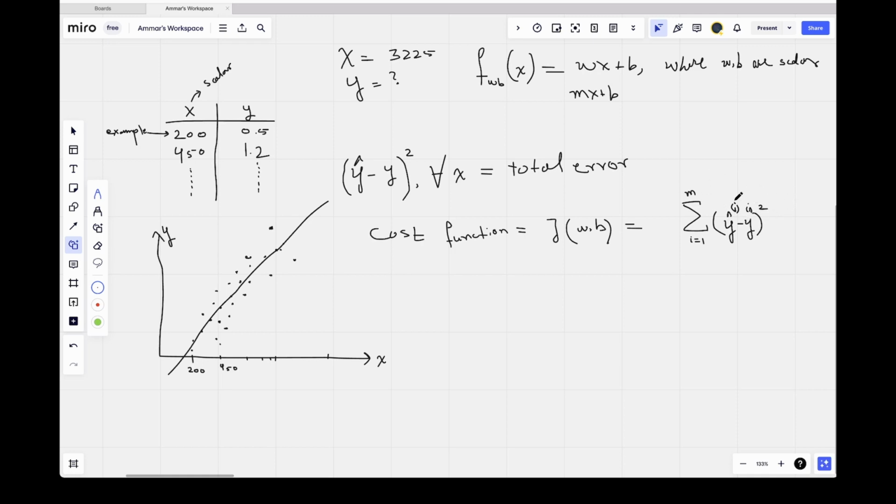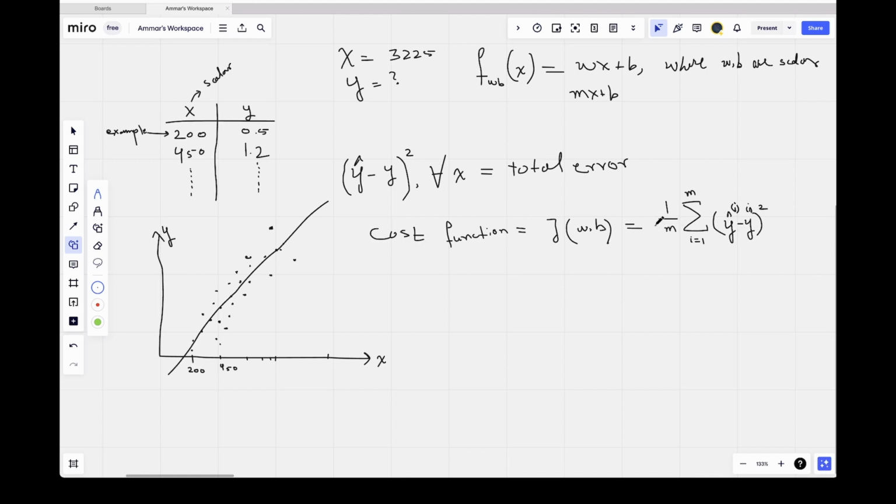And then after we do that, we also want to divide this by m. The reason for that is if the number of examples increases, you don't want this cost to shoot off and become a very large number. So you want to take an average of this sum.